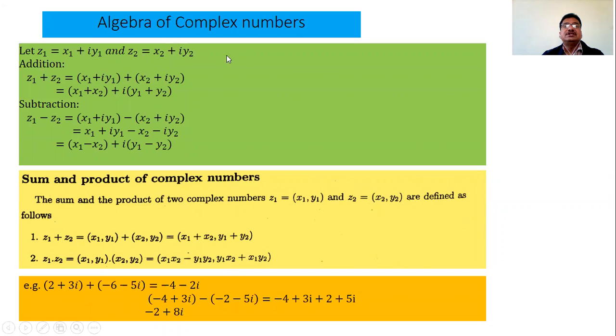So, algebra of complex numbers: that is how we can add, subtract, multiply and divide these complex numbers. So z1 is x1 plus iy1, and z2 is x2 plus iy2.